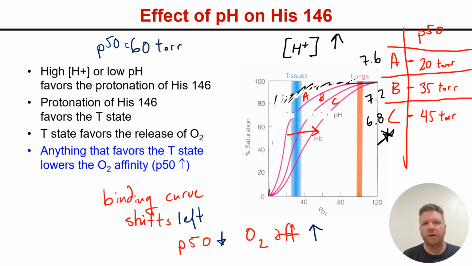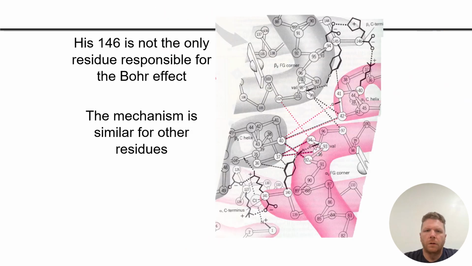Well, if you live in an environment where the O2 concentration is 40 torr, what do you need? You need your hemoglobin protein to undergo a change where the P50 drops so that you're at least 50% saturated under the environmental conditions in which you live. So think about shifts left, right when it comes to those oxygen binding curves.